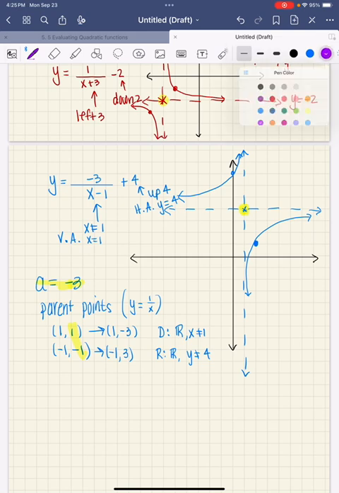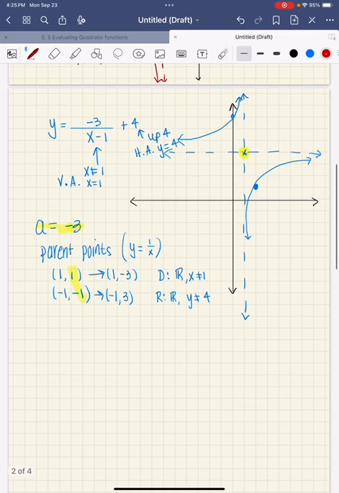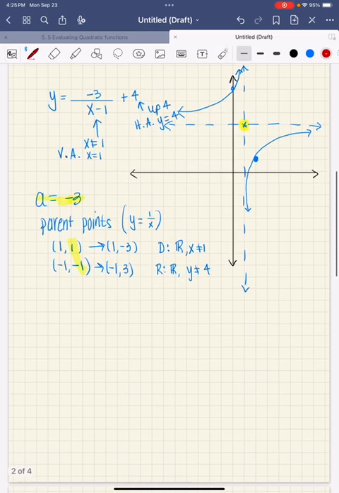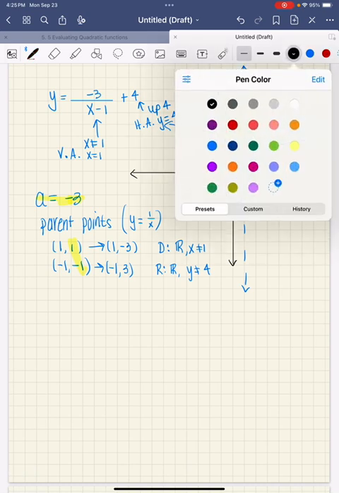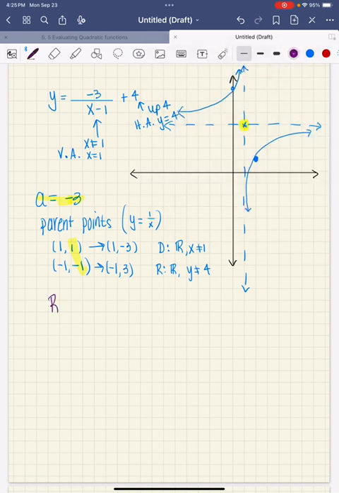Let's take a look at not graphing, but just talking about domain in general. Domain always comes from x, your input. When you're talking about a rational function, a function with a variable in the denominator, if there's a variable in the denominator, that's an issue. 1 over x plus 2 has a variable in the denominator.